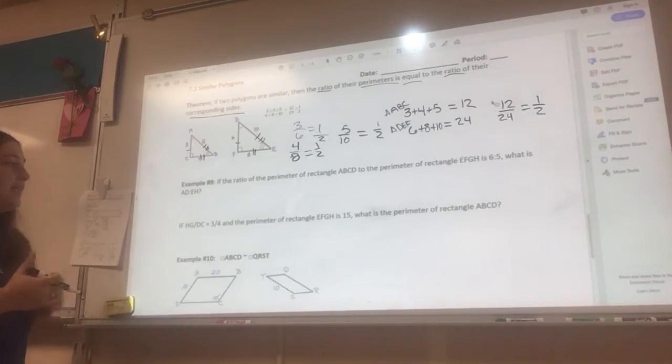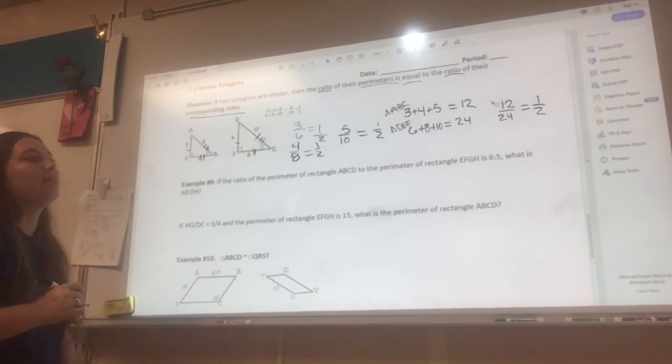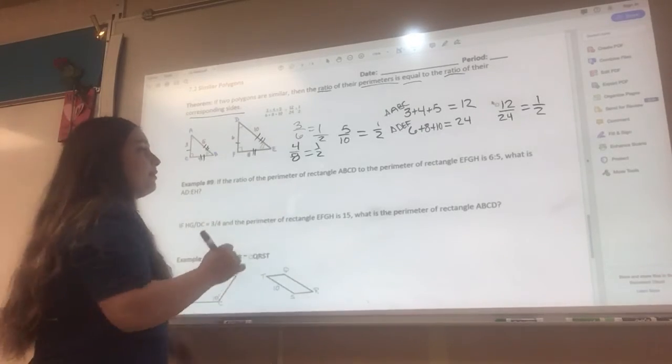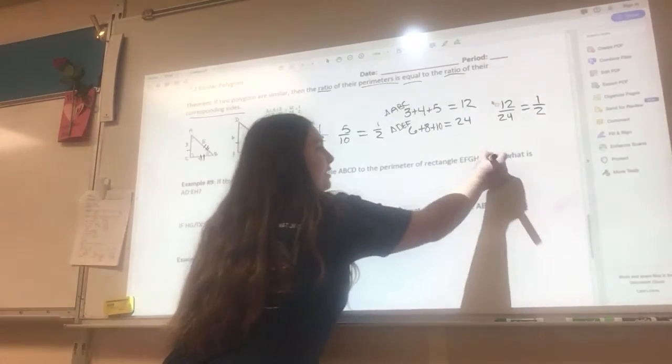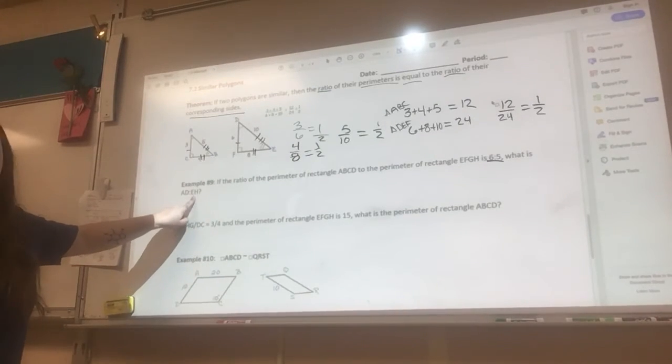So, looking at example 9, if the ratio of the perimeter of a rectangle ABCD to the perimeter of a rectangle EFGH is 6 to 5, so we have the perimeter to a perimeter of 6 to 5, what is AD to EH?